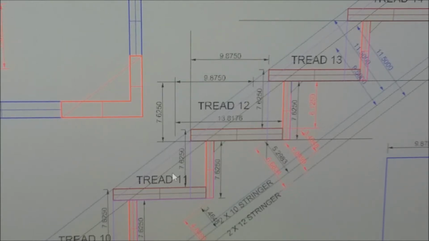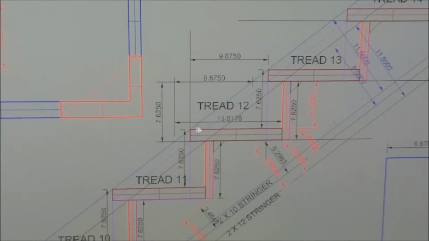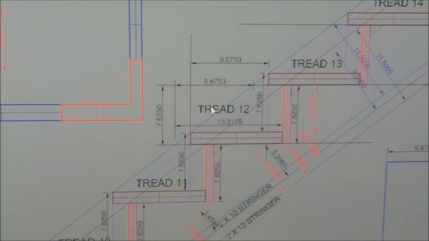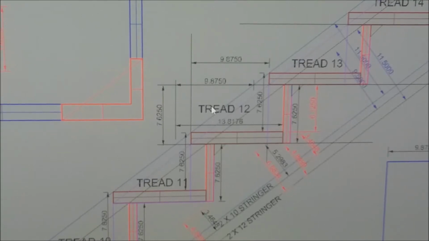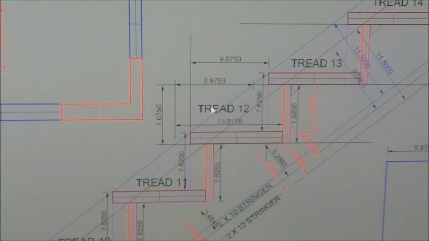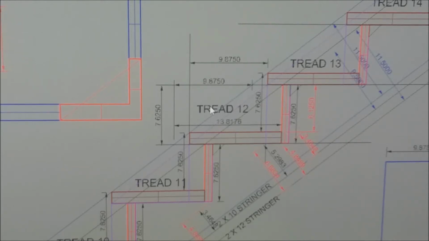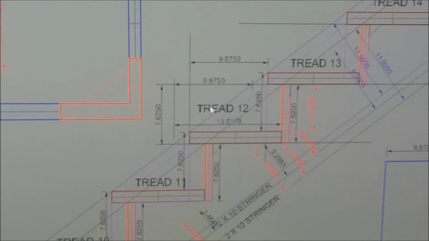Okay, so you have the run and the rise. If you multiply those 2 numbers times each other, regulations say it has to fall between 64 and 82 inches, because we're doing inches today. Then you have another restraint that's run plus rise. You add them together, and that can equal only 17.5. That's not negotiable.